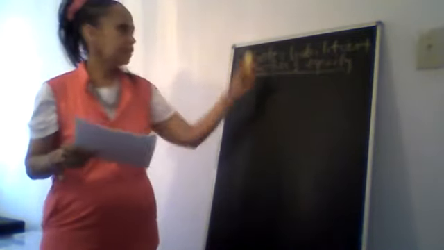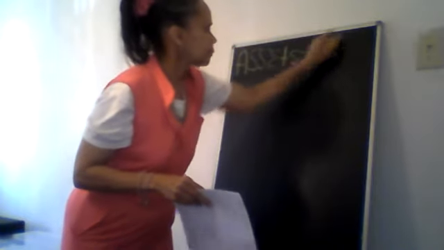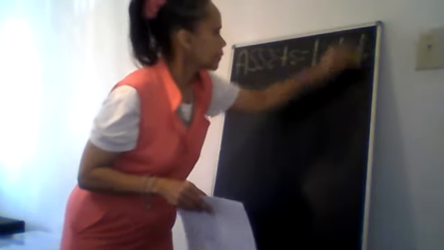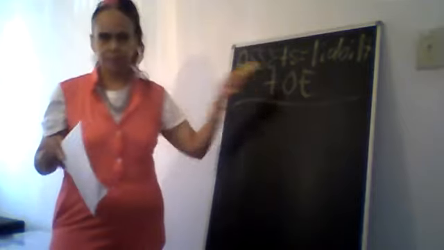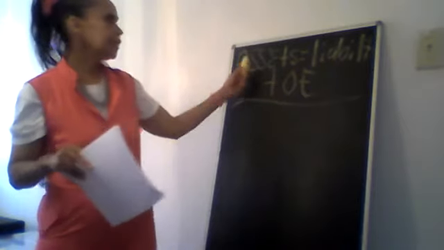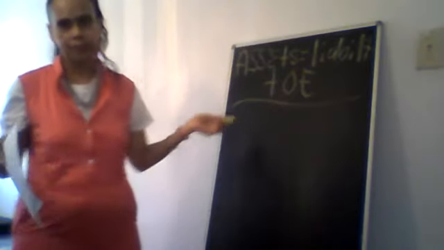Let me see if I can write that bigger. Assets equals liabilities plus owner's equity. I just put OE. First you learn about that. This is how I learned it when I first started accounting.